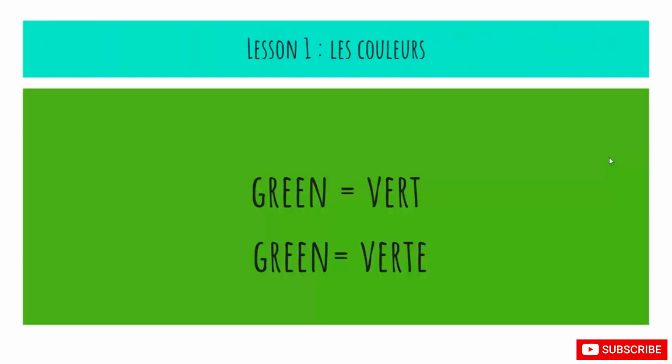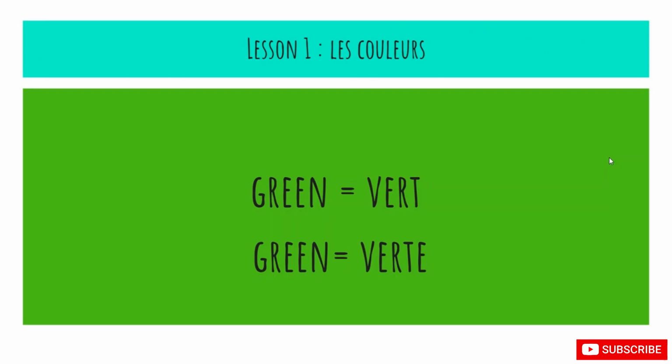Green, I put two versions. The first version is vert, and the second version is verte. The difference between those is whether the noun is masculine or feminine. For example, I will say I have a car, maybe green. So in English, it's I have a green car.